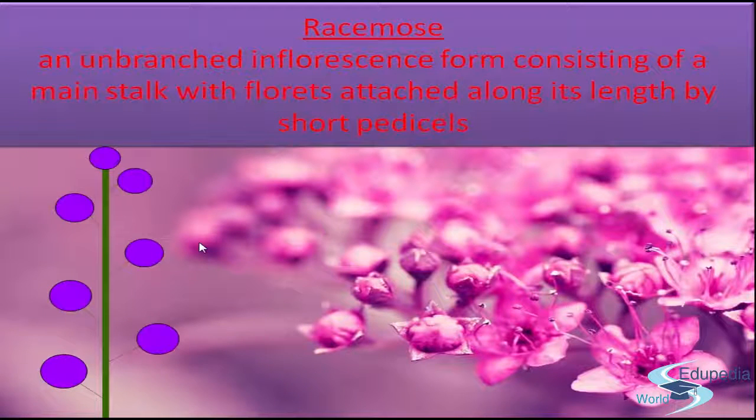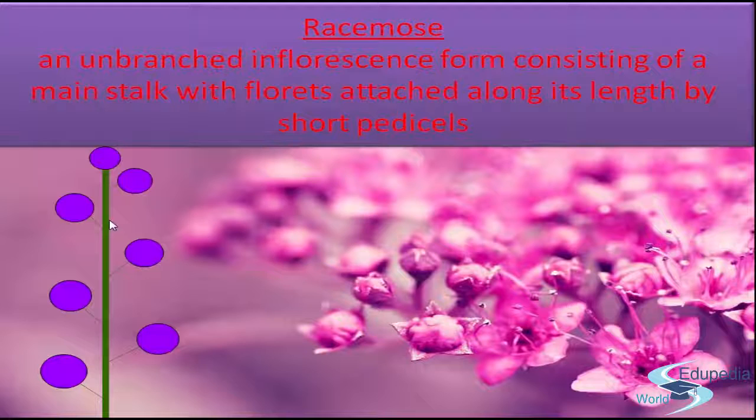Now comes racemose. I have already taught you racemose in detail in my previous presentation, but know that a simple raceme has a long peduncle. This is the reproductive axis, hence your peduncle, and it bears a number of pedicellate flowers in acropetal succession.